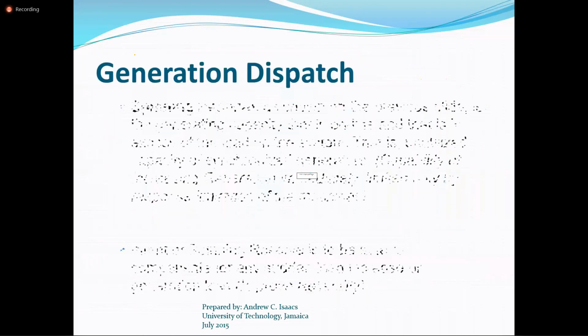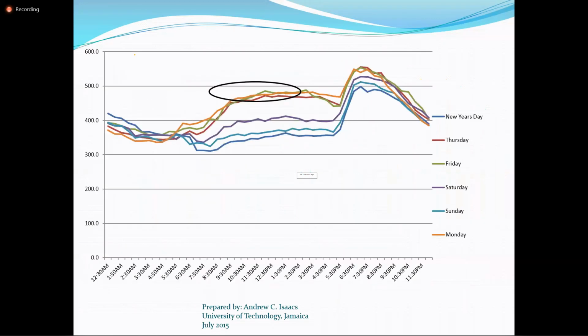Now, what we are showing here, remember I said that a day makes a big difference. What we are showing here is just how the demand will change depending on the day of the week it is.